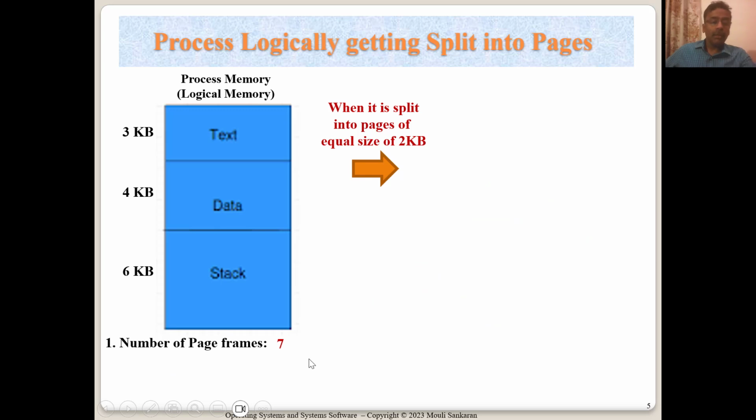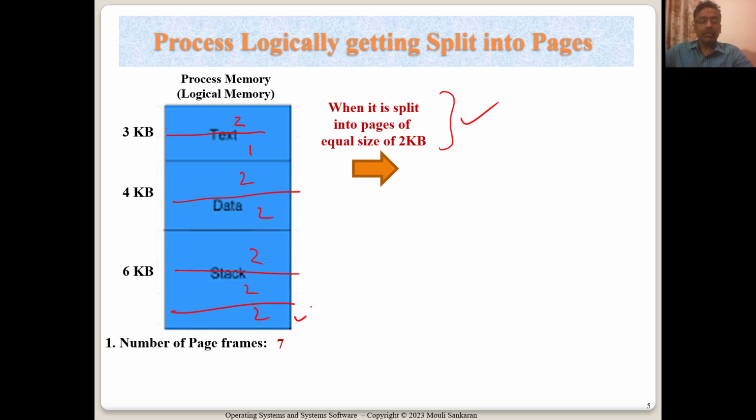Okay, so now suppose I am dividing this into 2 kilobyte pages, then how many page frames are needed? This is divided into 2 and 1. This can be exactly divided into 2 and 2, and this has 3 divisions. So this is one page, 1, 2, 3, 4, 5.